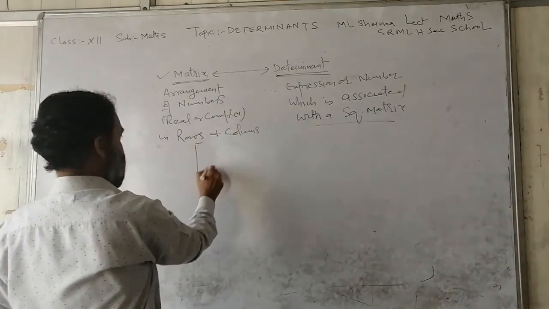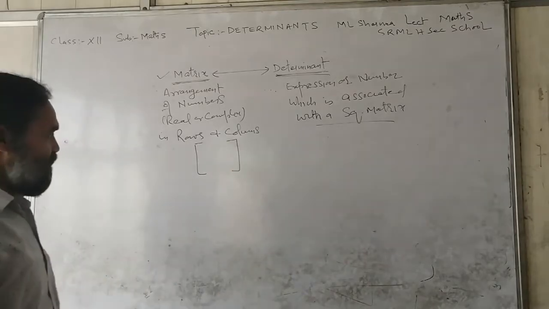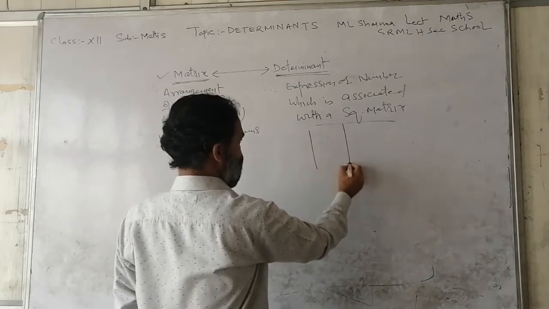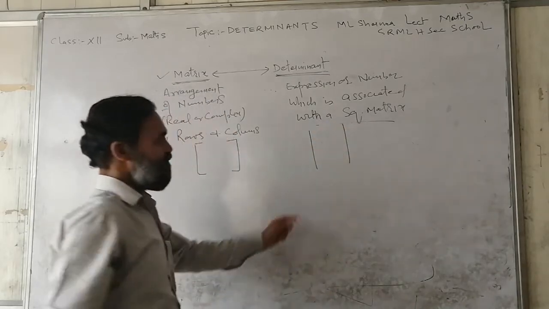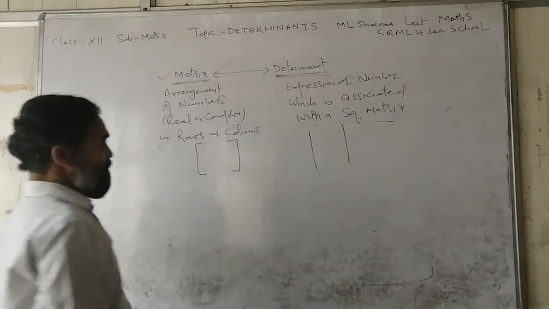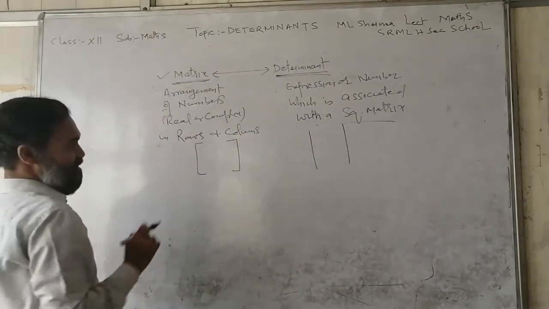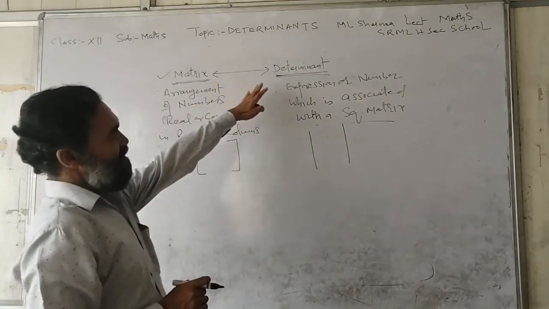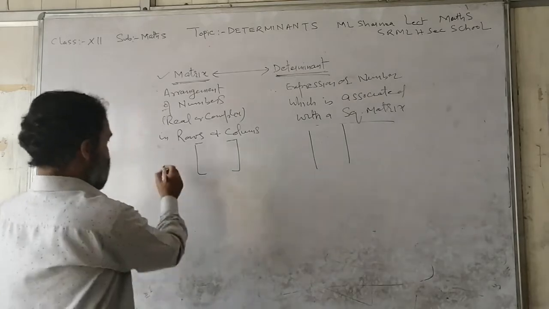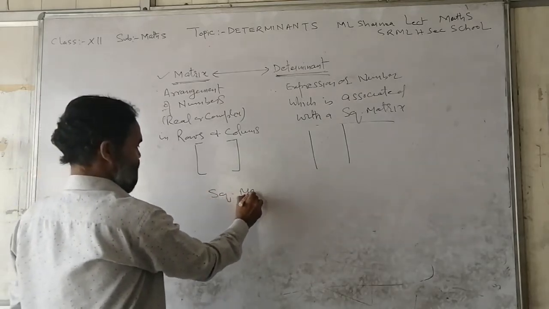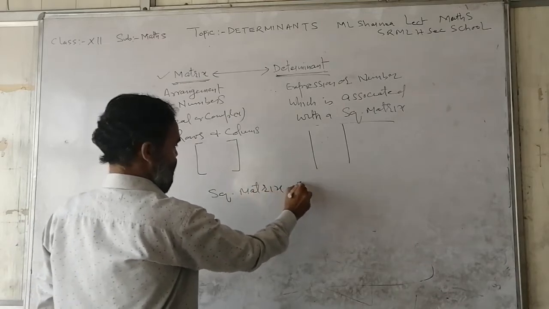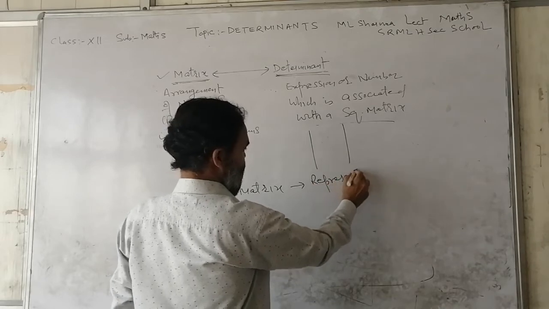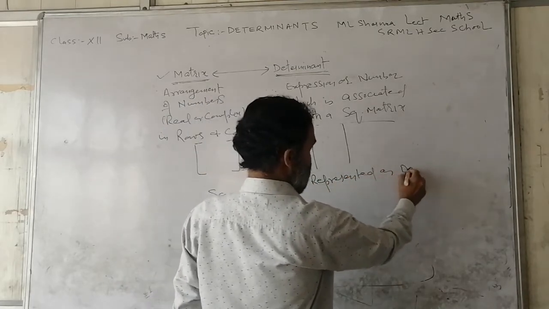Here we make use of this symbol to represent a matrix, and here we use these 2 vertical lines to represent a determinant. So one thing here is to be noted: all the matrices cannot be represented as a determinant. Only a square matrix can be represented as a determinant.